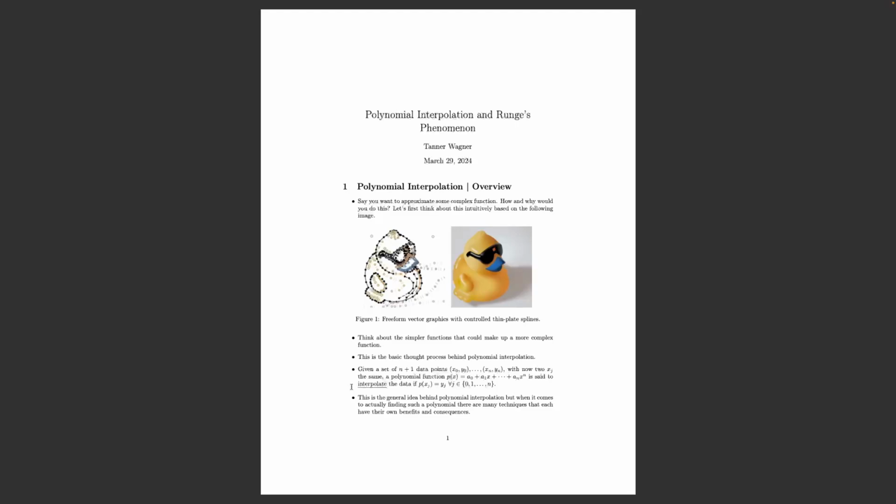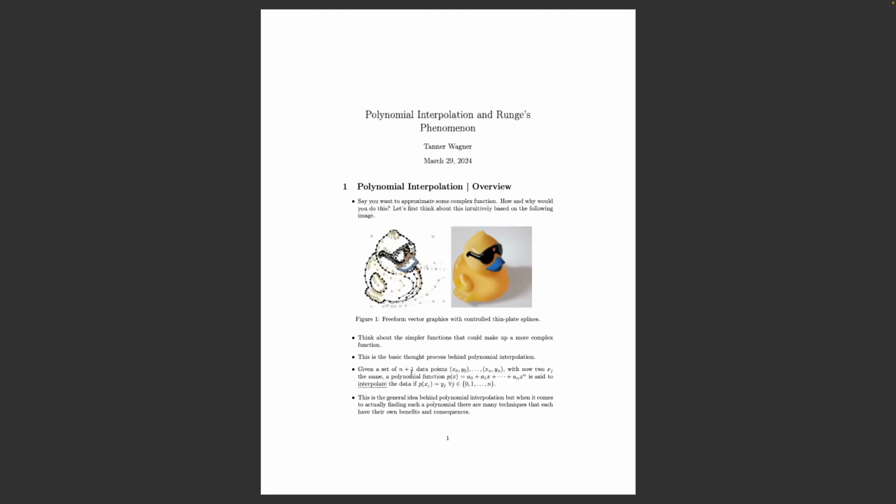So don't expect full proofs on how to derive the Lagrange basis functions or something like that, but I will cover them and sort of the algorithm, the pseudocode for actually finding these interpolating polynomials.